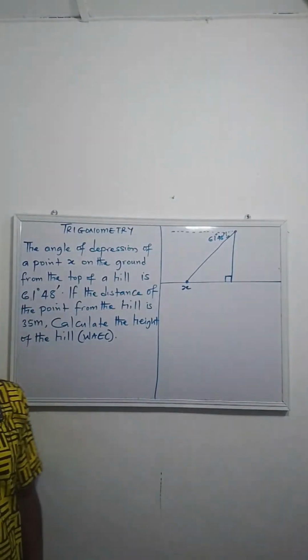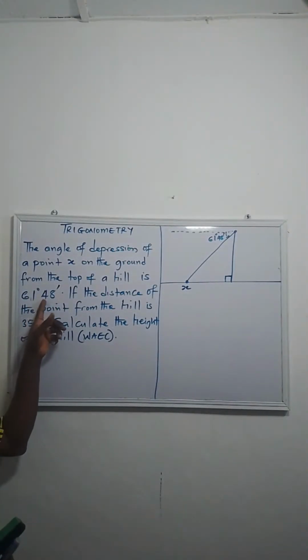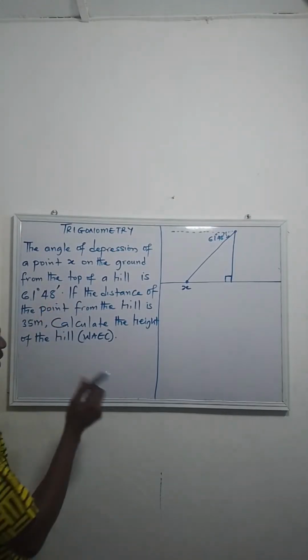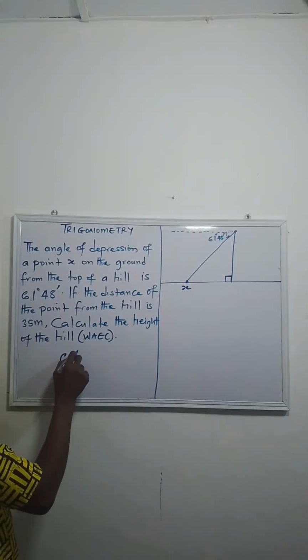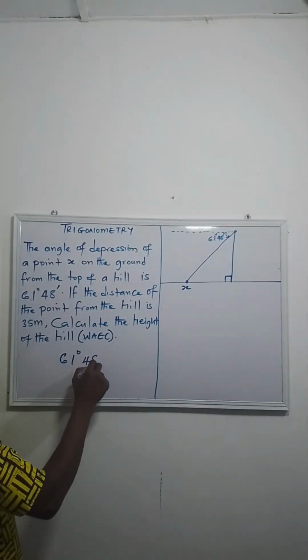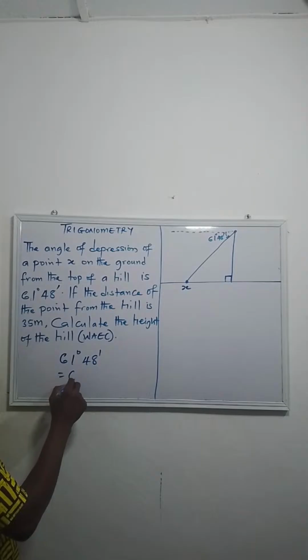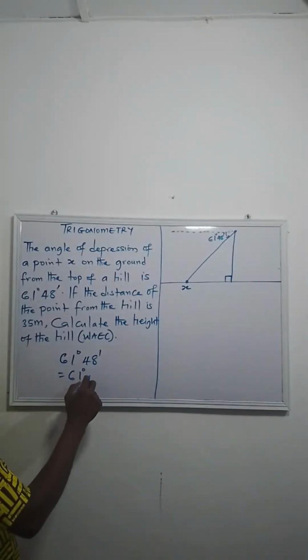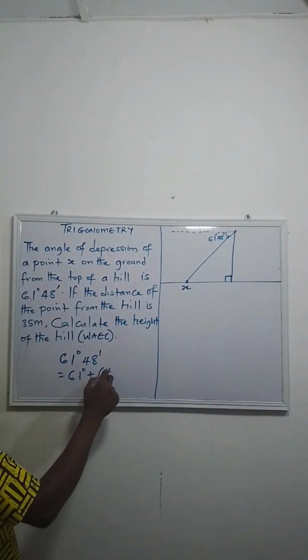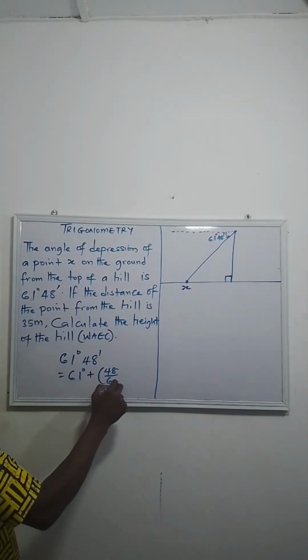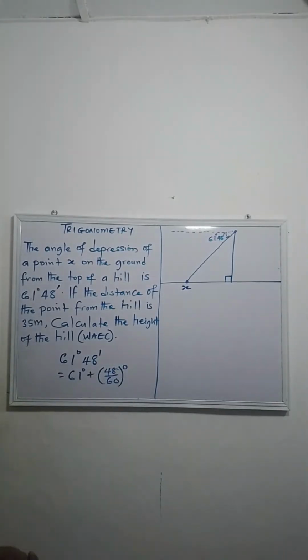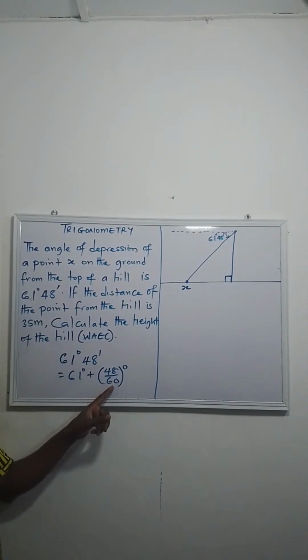Okay. Now, the first thing is to express these minutes in degrees. So how do we do this? 61 degrees 48 minutes is the same thing as 61 degrees plus 48 over 60 degrees. Whenever you want to convert minutes to degrees, you just divide the minutes by 60.